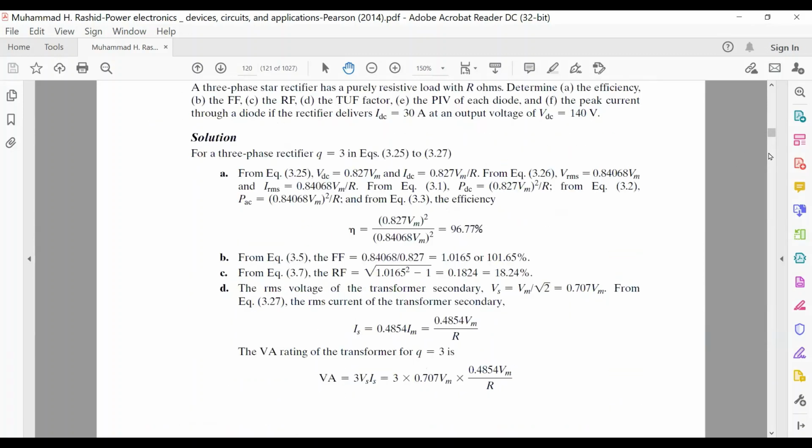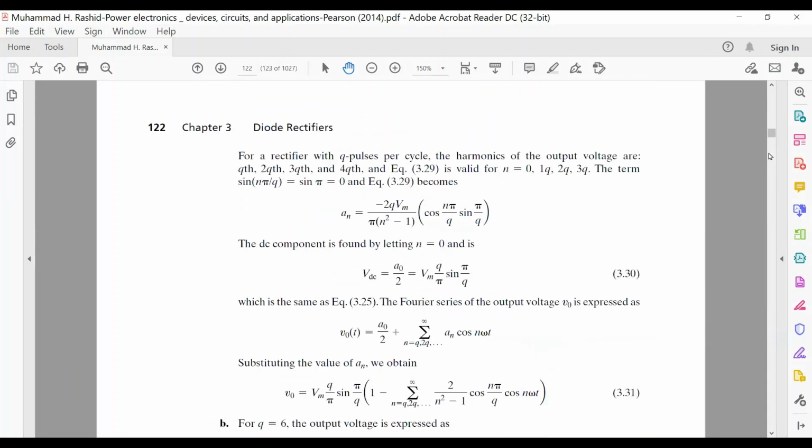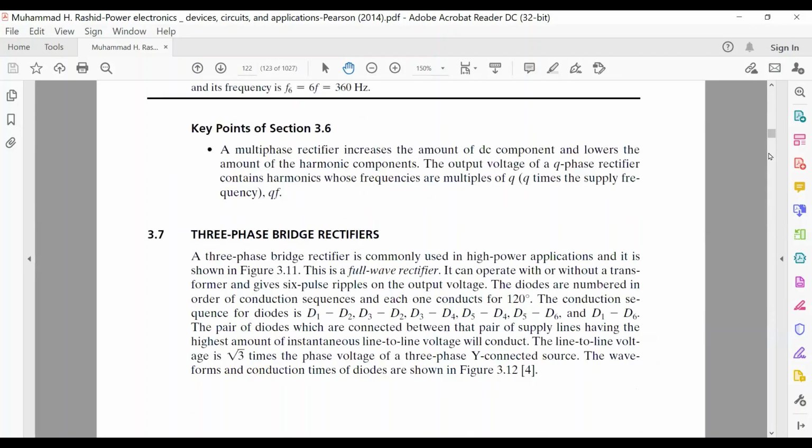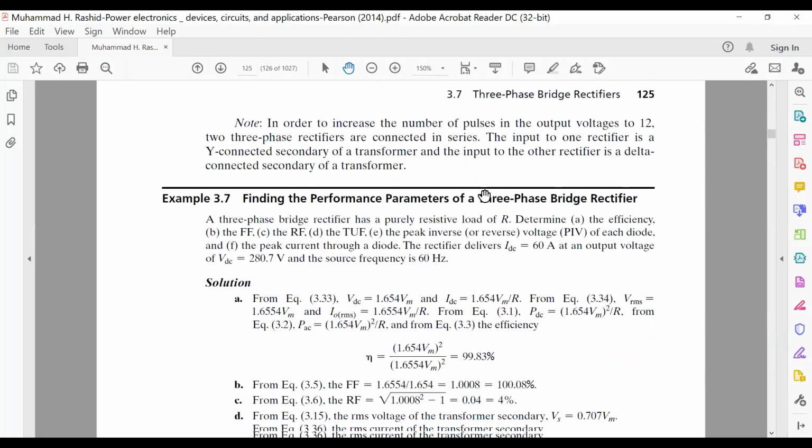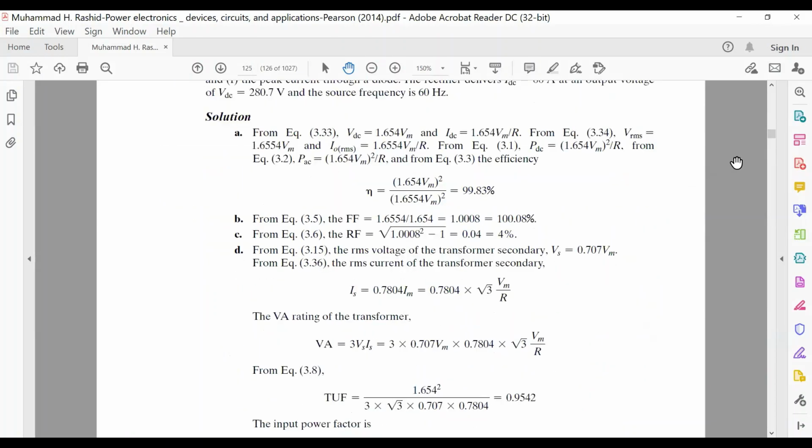Multi-phase or 3-phase are in our syllabus, but inshallah that will be covered after the Eid vacation. Okay.